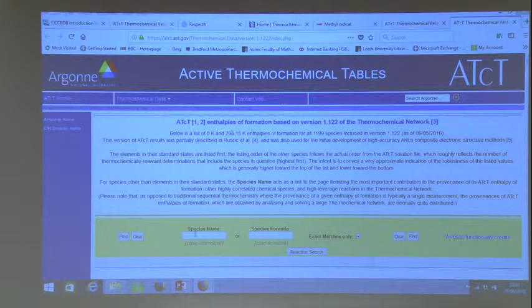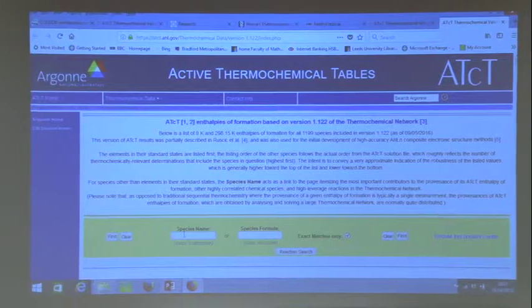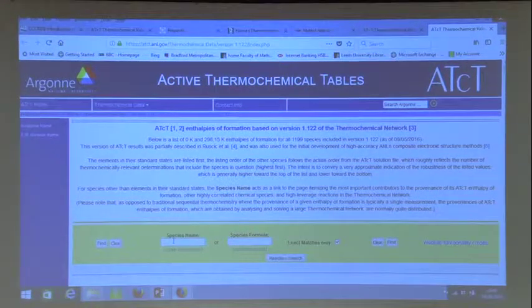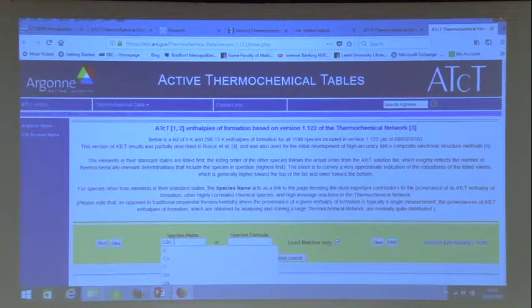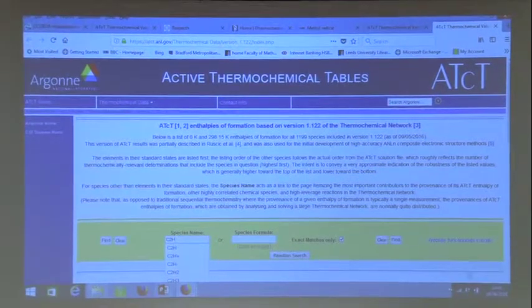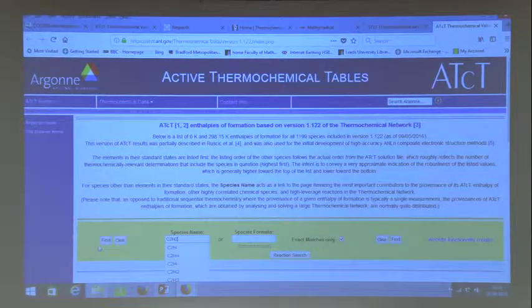So what we can do is put down species name, let's put down C2H5. Let's find it.